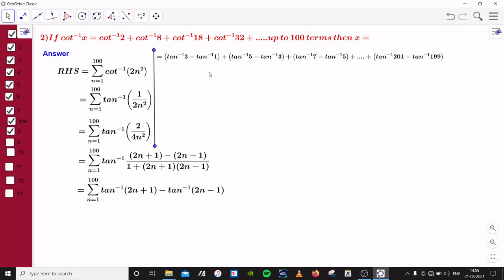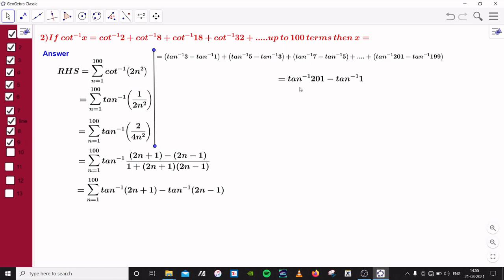Okay, then tan inverse 3 minus tan inverse 3 cancelled, tan inverse 5 minus tan inverse 5 cancelled, and so on. The remaining terms will be the first term of the last bracket, tan inverse 201, and the second term of the first bracket, minus tan inverse 1. That means the given equation becomes tan inverse 201 minus tan inverse 1.